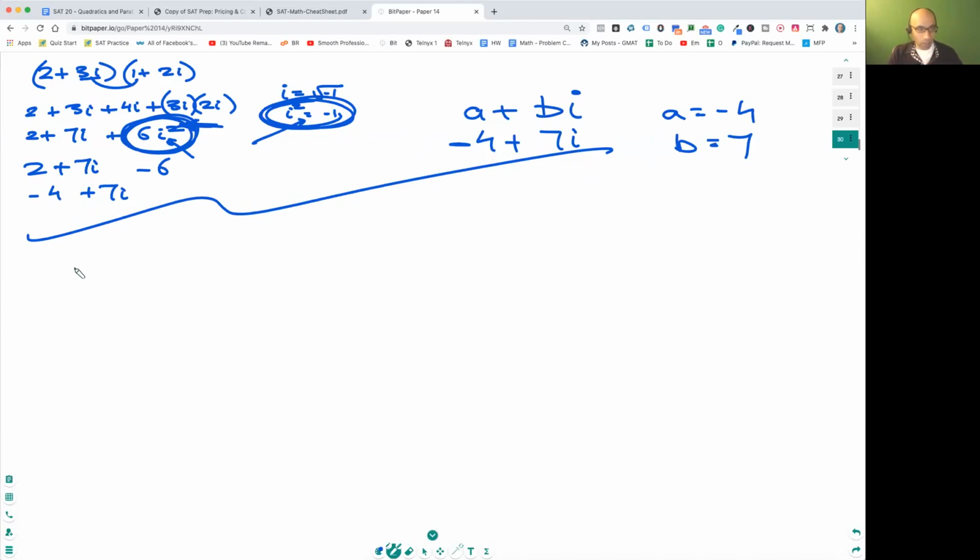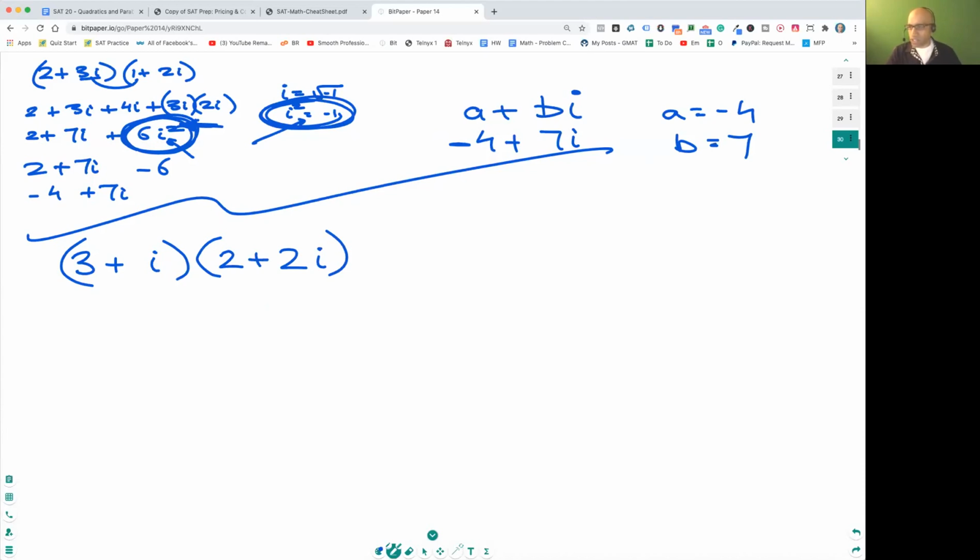Now, let's look at this one. Next, very similar. I want everybody to get this. Remember, i squared is -1. Don't forget that. So I'll give you a simpler one. Let's say 3 plus i times, actually, let me make it complicated because I'm in two minds now. Let me just make it easier: 2 plus 2i. Let's do it this way.